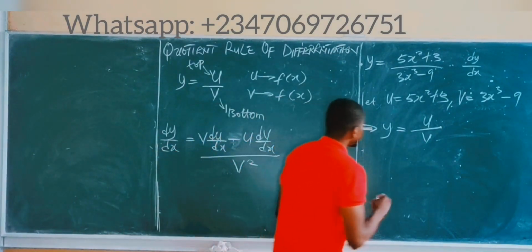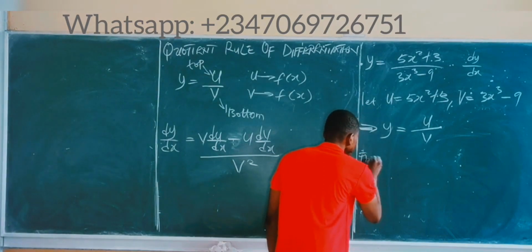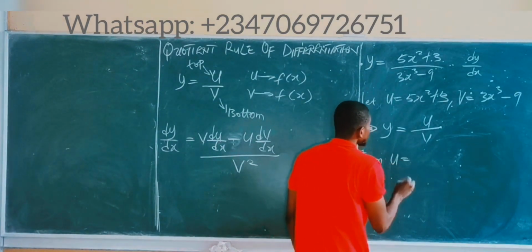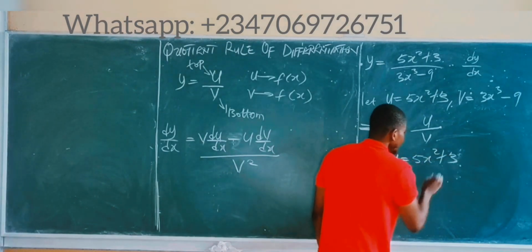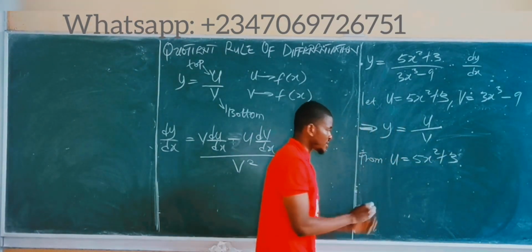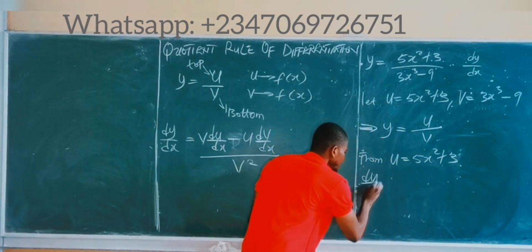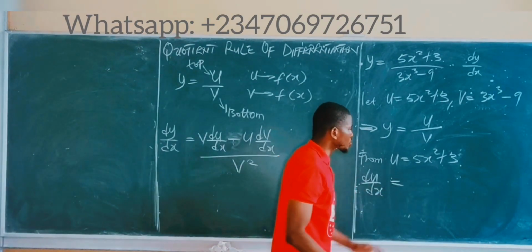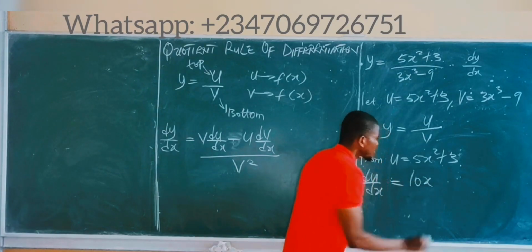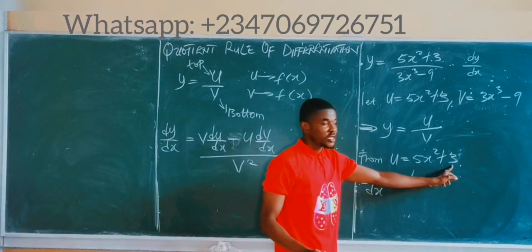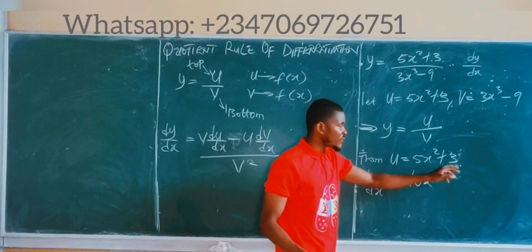From u equal to 5x squared plus 3, we now find du/dx. du/dx is equal to, use the power to multiply 5, that's 10x. If you differentiate 3, it's a constant, it becomes 0, so that's gone.